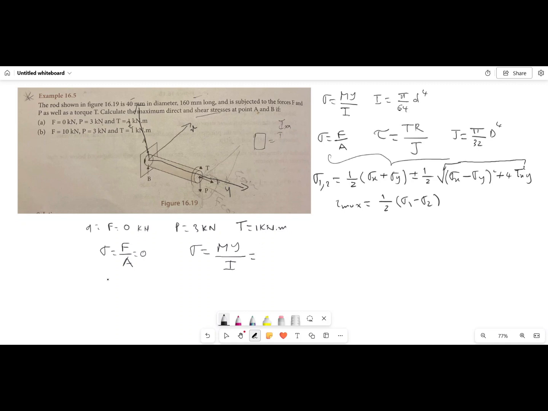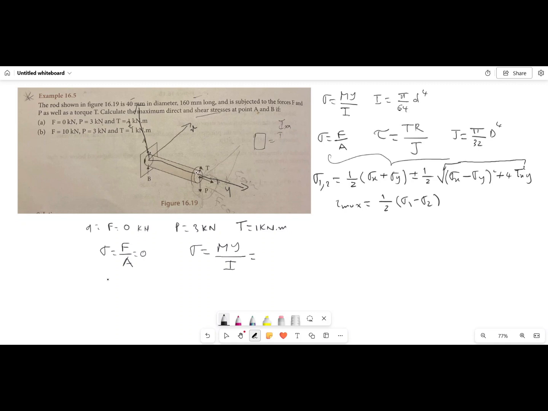Very, very important again. Everything is being played where the figure is. This force, remember, we are doing this study according to the point A and B. So A and B are our reference points. Remember, the length of the rod is 160, from here to here.